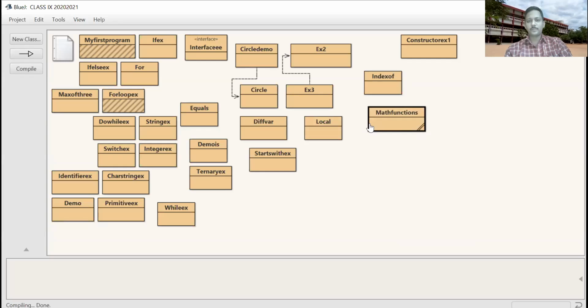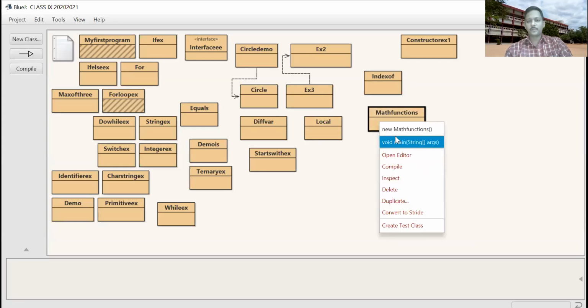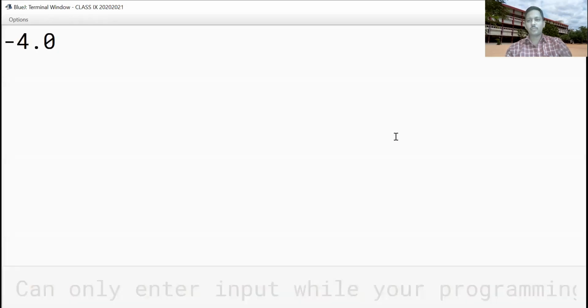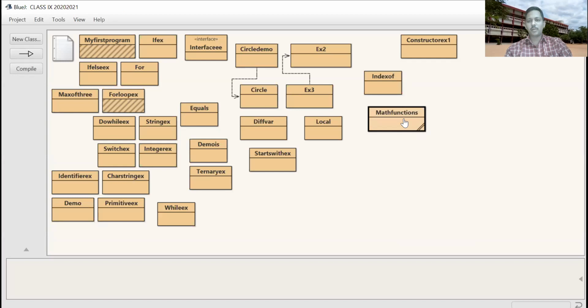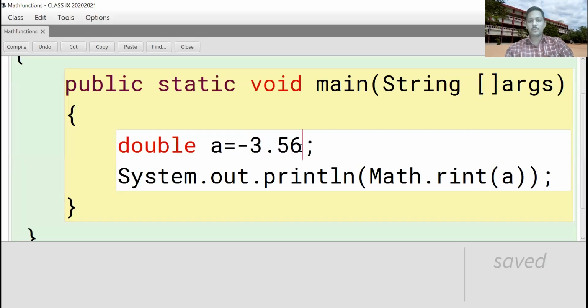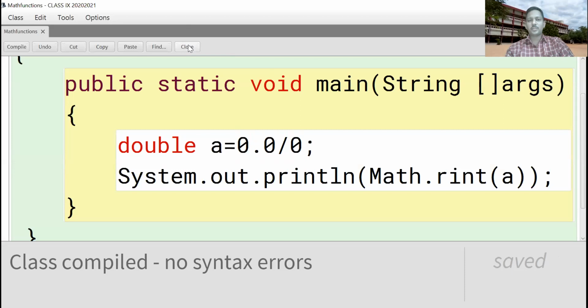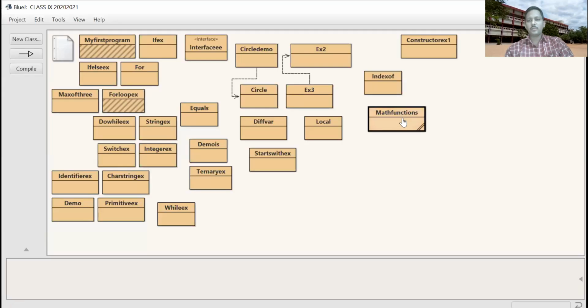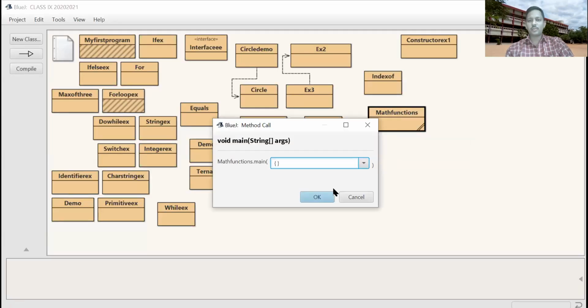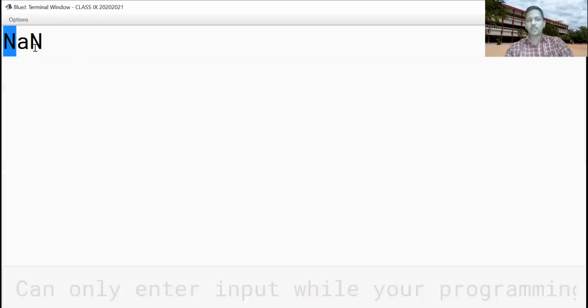Output, minus 4.0. For example, not a number. The given argument is not a number. Then your output is same, not a number only. Whereas in round function, it prints 0. Here, not a number.